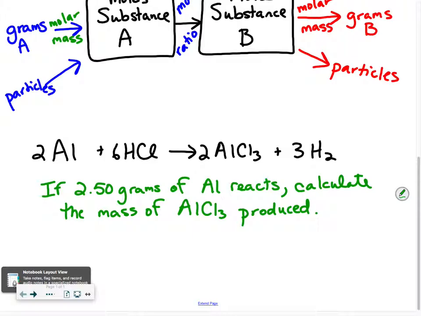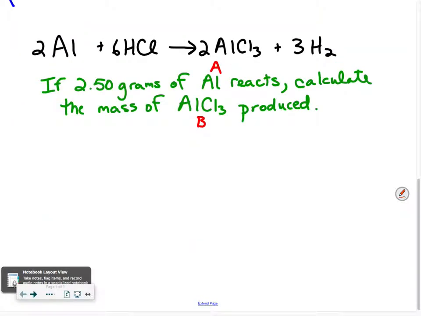So let's label our substances. Substance A in this case would be the substance that we're starting with. Which one is that? Aluminum. And substance B is aluminum chloride. Okay, so step 1 will be to get our 2.5 grams of aluminum to moles.